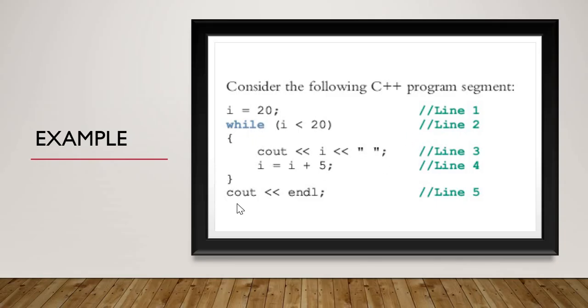It will just skip and go to cout endl. So whenever you want to implement coding involving repetition, you have to make sure that the condition and the initial value match each other, so that it can enter the body of the loop.